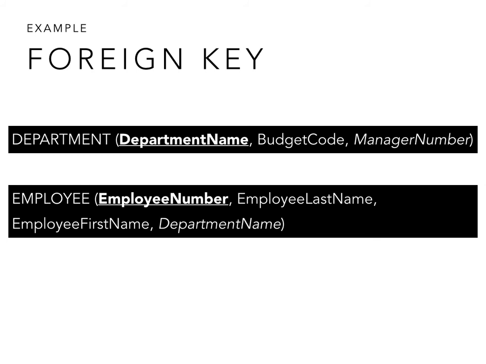We have department name, which links this to the department that's listed up here in the department table based on name. And likewise, there's actually another relationship here. The manager number for this department is a foreign key to a certain employee in the employee table. The way I've written this, according to the book's conventions, the primary keys are underlined and foreign keys are italicized. Does this make sense?